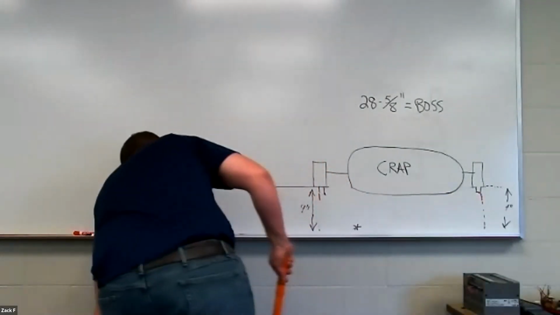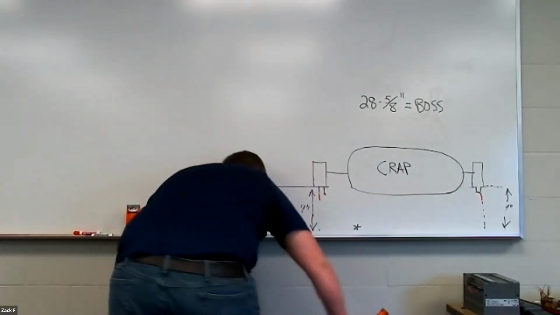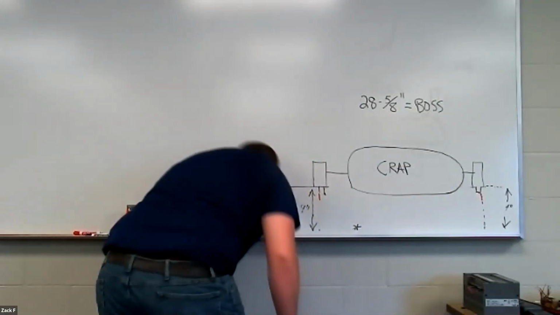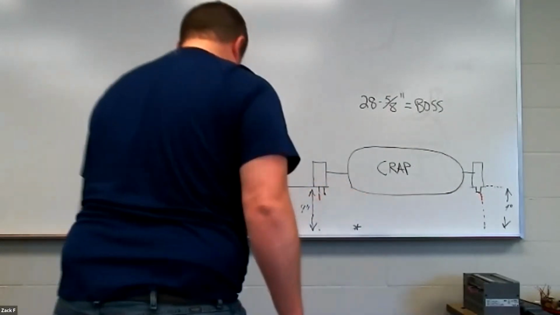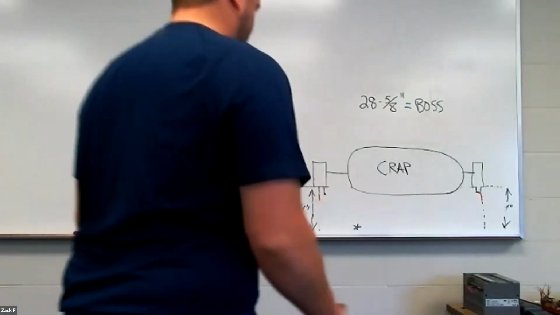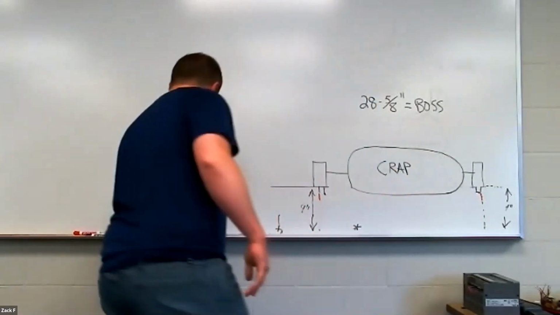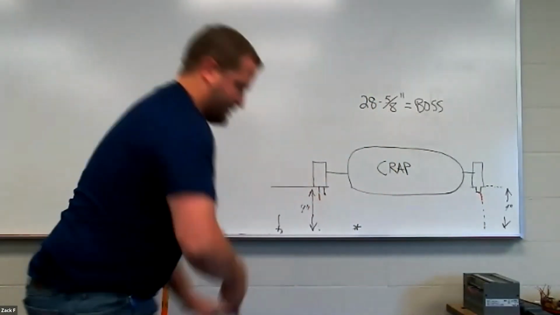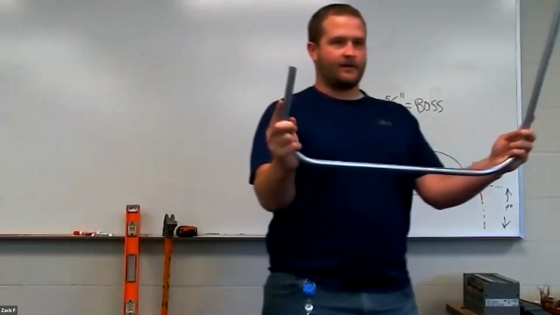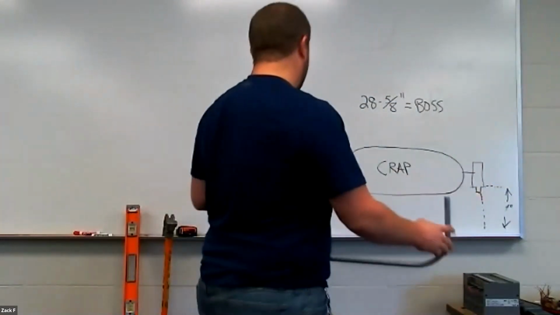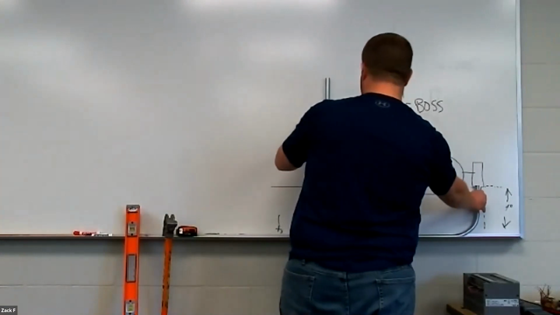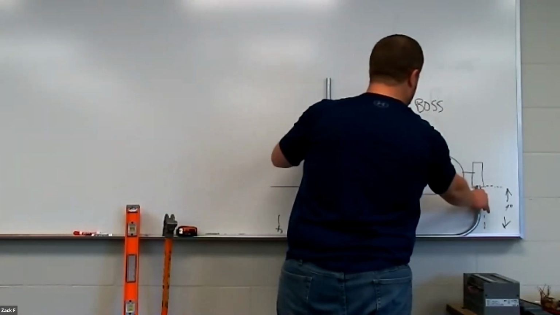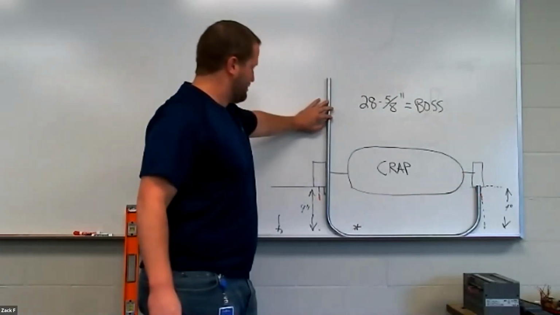Hopefully you can see what I'm doing. If I did this right, outside to outside should be 28 5/8, or it should end up right on that coupling. If I did it wrong, I put it to the right. Oh, that's way off.